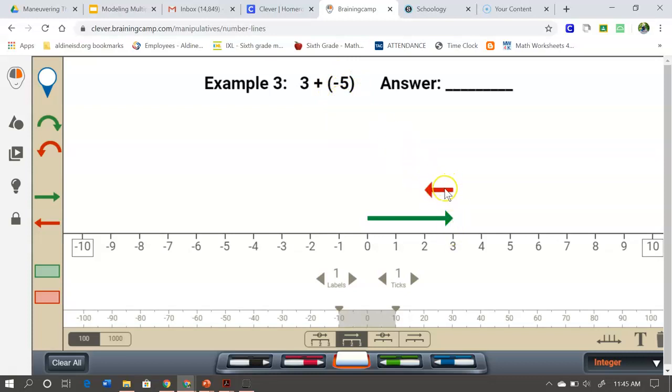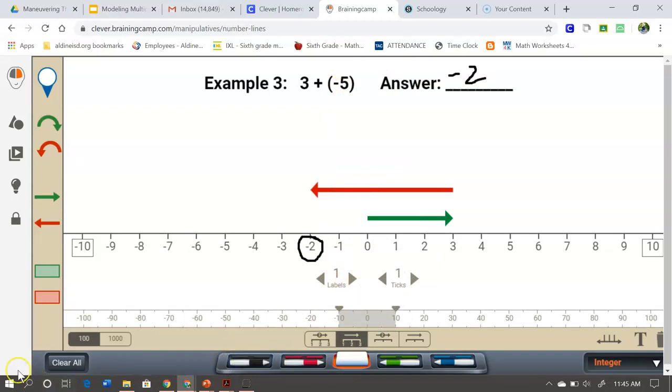So from 3, I'm going to move 1, 2, 3, 4, 5, and my arrow lands at -2. So +3 plus -5 is -2. Again, the negative sign tells you which direction to move. The number tells you how many units to move.